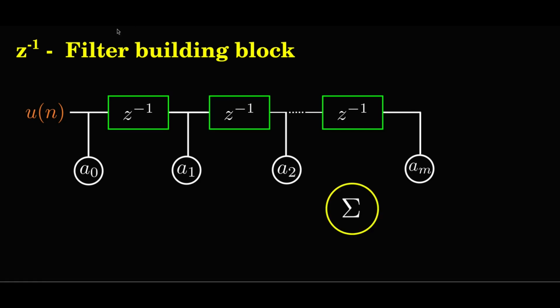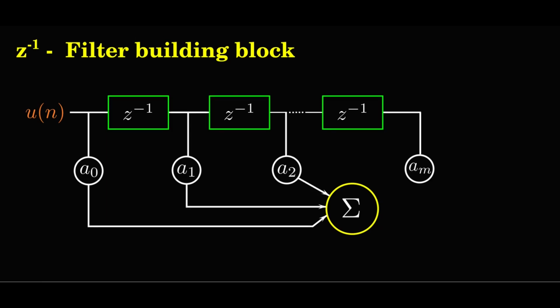So now I will put a summer. This is a summer block, and I'm going to add all these outputs from the various delay blocks. So I will add the output coming from the undelayed scaled value, then the one-time delayed scaled value, then the two-times delayed scaled value, up to the m-times delayed scaled value. All of these are added up and I get the output, y[n].